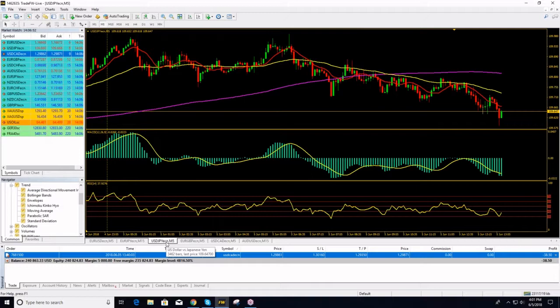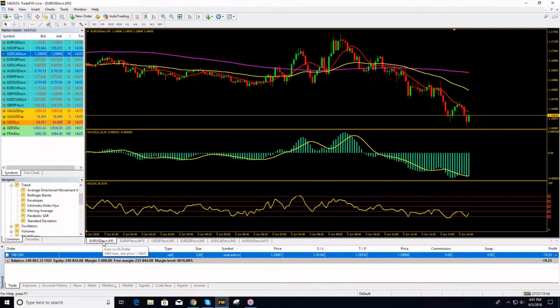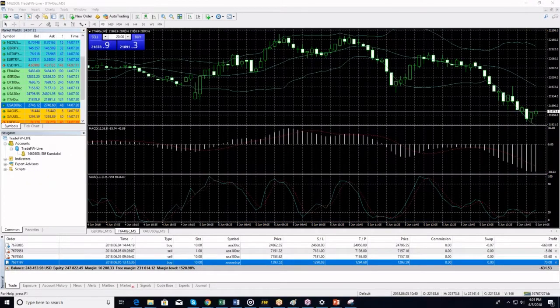It looks quite interesting right now, and I'm quite convinced to enter the market again with a buy position. We are at a low level over here. It's been struggling for quite a long time in a downtrend, and according to my strategy, it looks like the downtrend seems to be over.